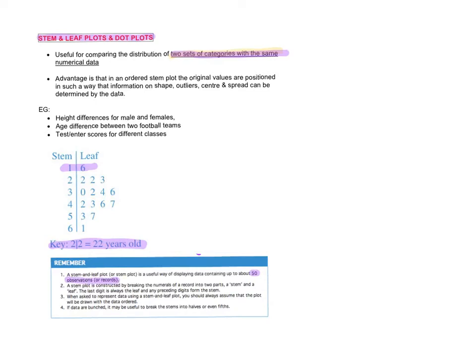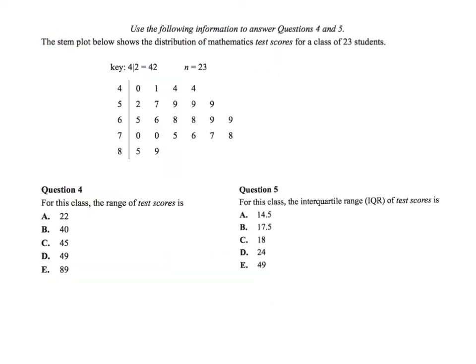All right, so let's just go. They're very easy. So just to do an example question, the stem and leaf plot below shows the distribution of mathematics test scores for the class of 23 students. So n equals 23 is important in case they ask us for the median as well. So for this class, the range of test scores is, we will do more of this later on, but just so we can do it now, maximum minus minimum.